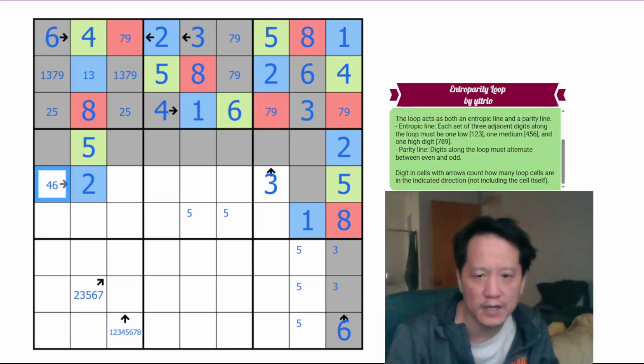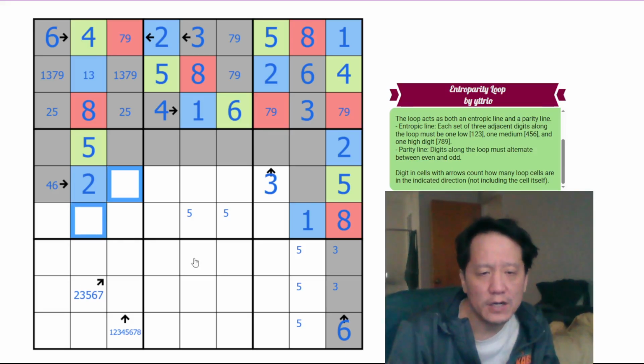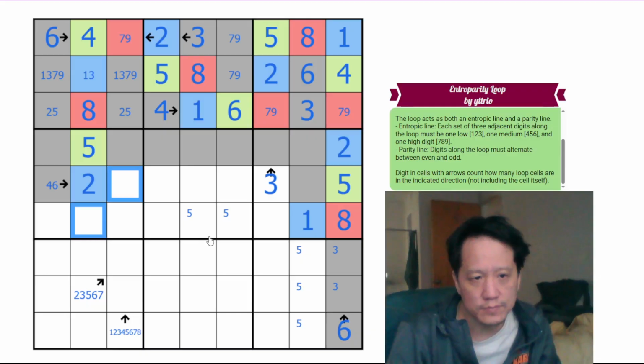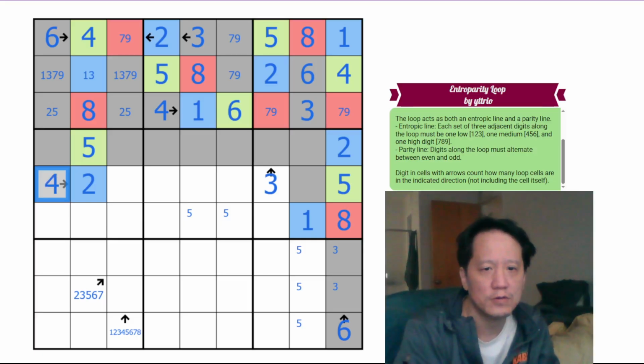Either one. So this cannot go this way. It's 4 or 6. If it's 6, it has to be the full amount here. So that would be low, high, medium, low, high, medium. And that's not allowed. So this is 4.